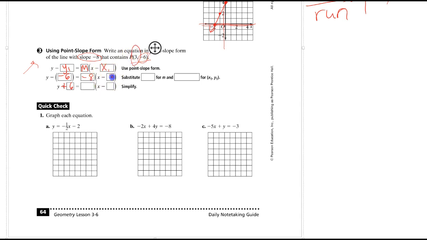So x minus 3. So what did we do? We substituted -8 for m, which is the slope, and the coordinates 3, -6 for x1, y1. So now we simplify. Y minus -6, that's y plus 6. And here I've still got -8 times x minus 3.